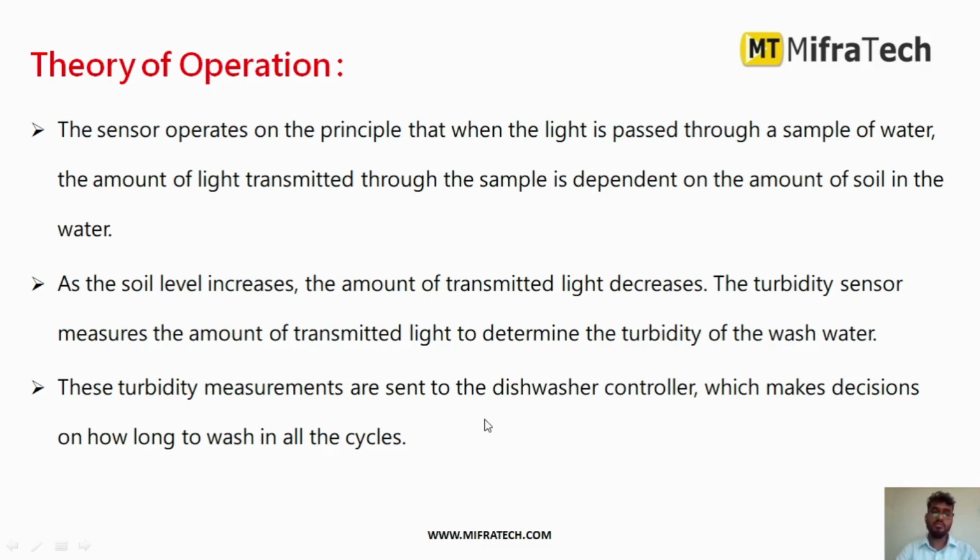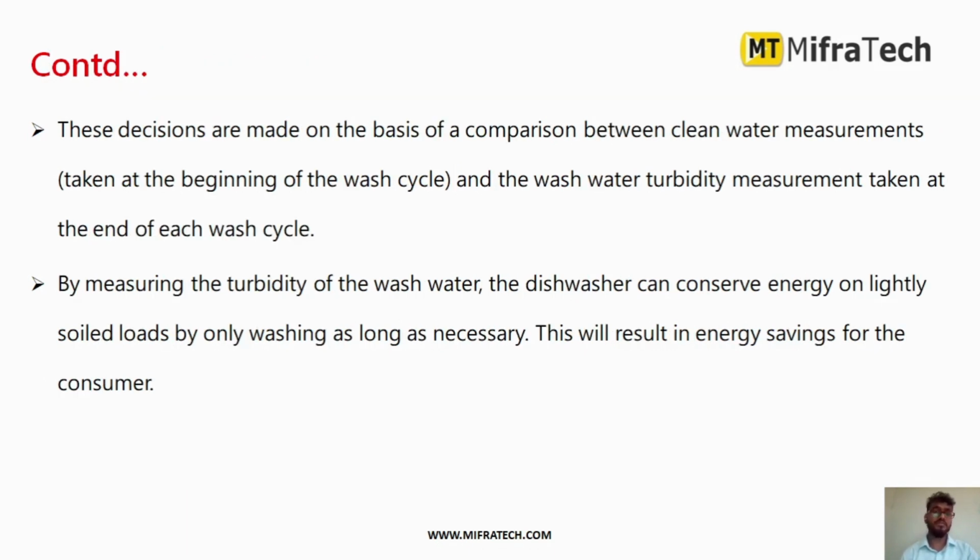These turbidity measurements are sent to a dishwasher controller, which decides how long to wash in all the cycles. So this turbidity sensor is also used in dishwasher controllers, to determine how long it will take to wash the utensils or dishes.